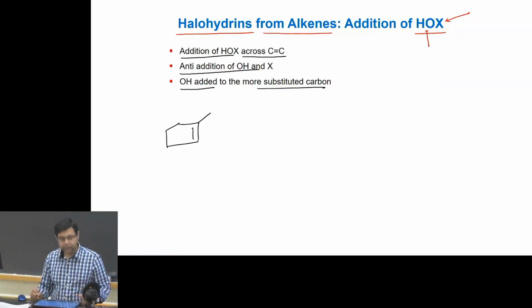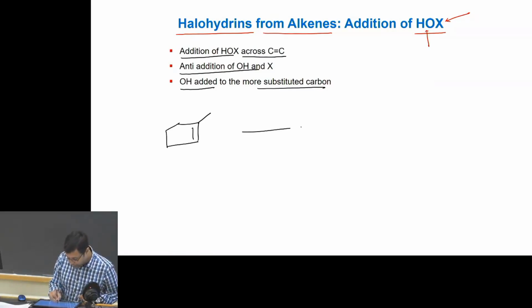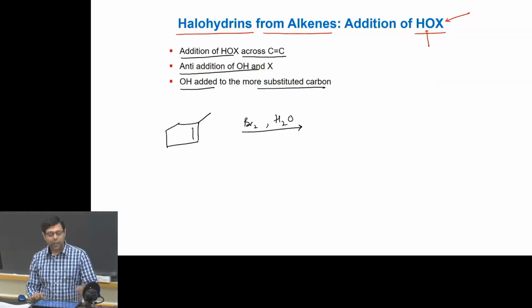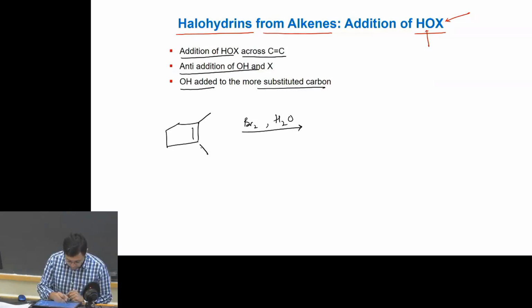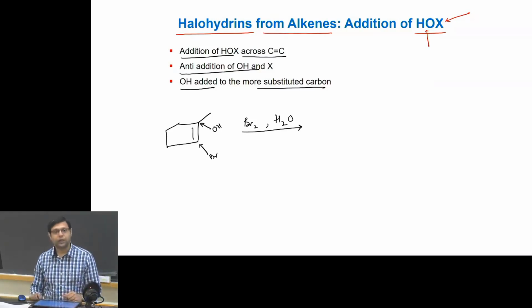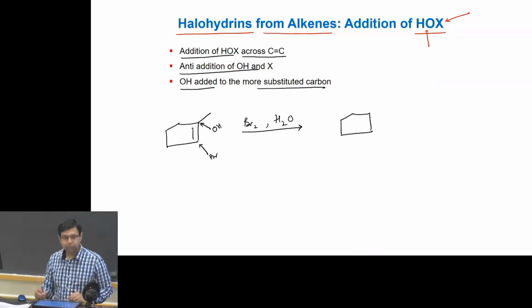Let's say I have this alkene. The reaction conditions for halohydrin is halogen and water. Right? Halogen goes to the less substituted carbon of the double bond. OH goes to the more substituted carbon of the double bond. Right? So let's write the product. It's an anti-addition. Right?